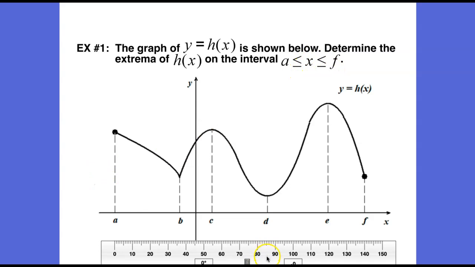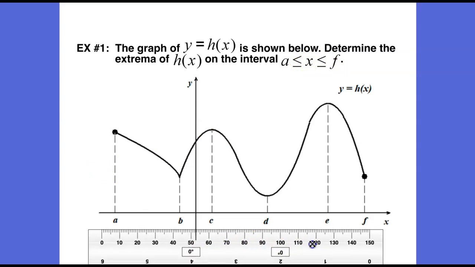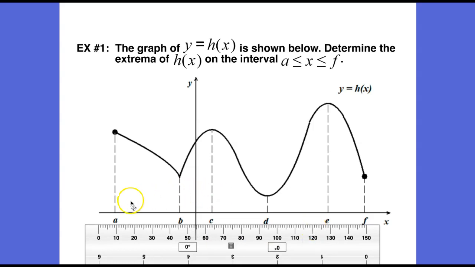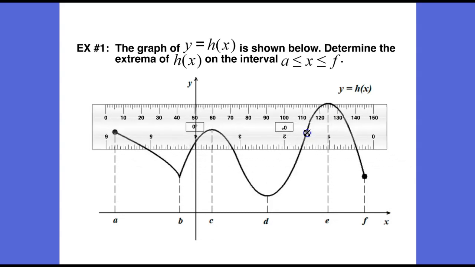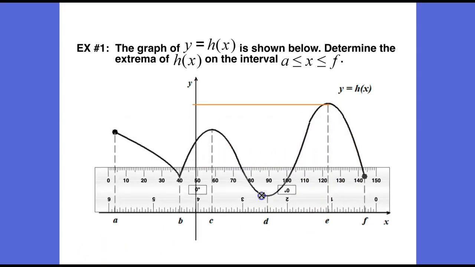Well, let's look for both absolute and relative extrema. So on this interval from a to f, it seems like the highest possible value, our absolute maximum, might occur at x equals e. And so we'll just see if we can show that graphically.